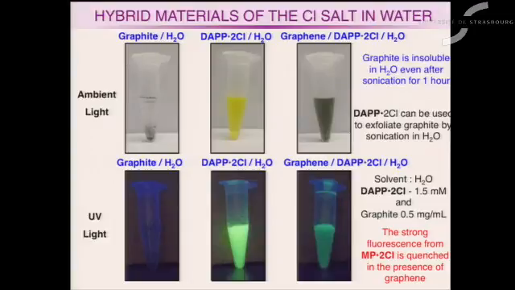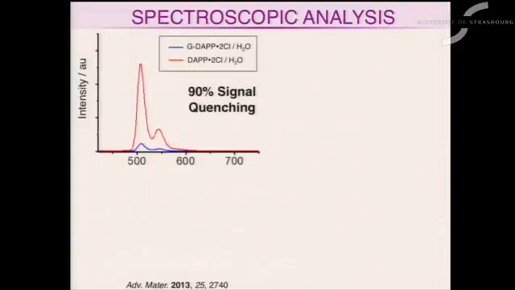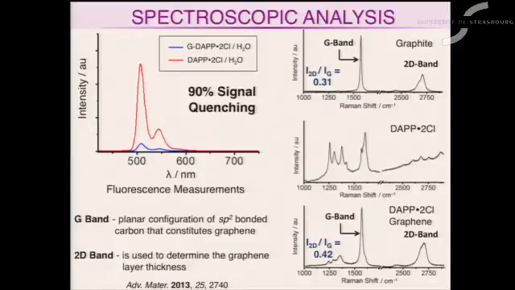You sonicate for an hour, and you have the control there between the ambient light and the UV light. You see the fluorescence, and it doesn't quite quench. It's obviously not as efficient, but there's still some considerable quenching as you carry out this process of adding the graphene with the DAPP. Spectroscopic analysis by fluorimetry also indicates that we're getting quenching as a result of adding the DAPP to the graphene.